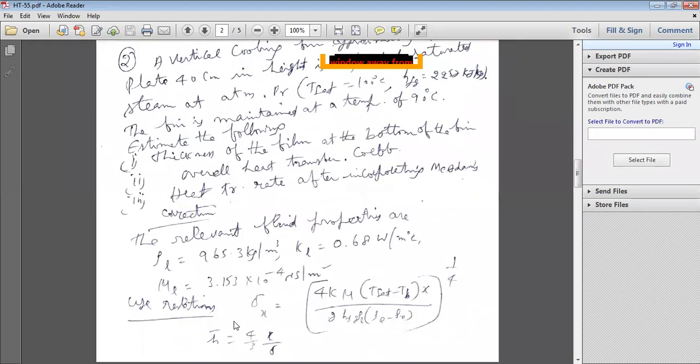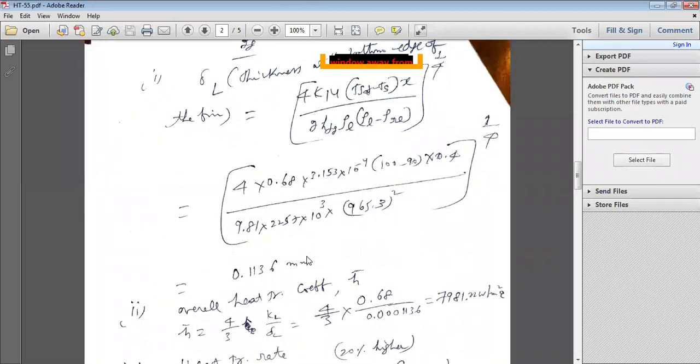What is the rho L value here? 965.3, the density of the liquid. That's why 965.3 whole square, whole to the power 1 by 4. If you calculate this one, then you get the thickness of the film at the bottom of the fin equal to 0.1136 mm.